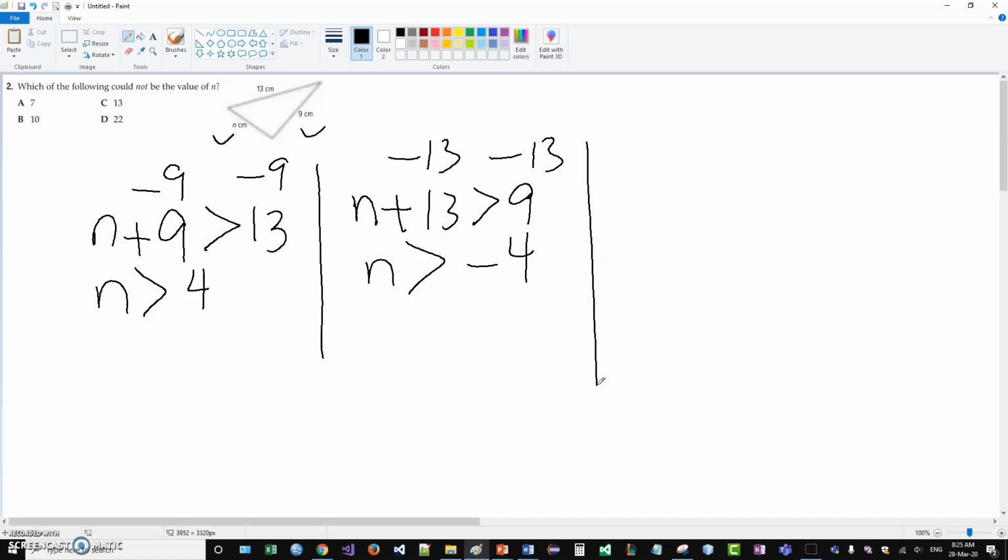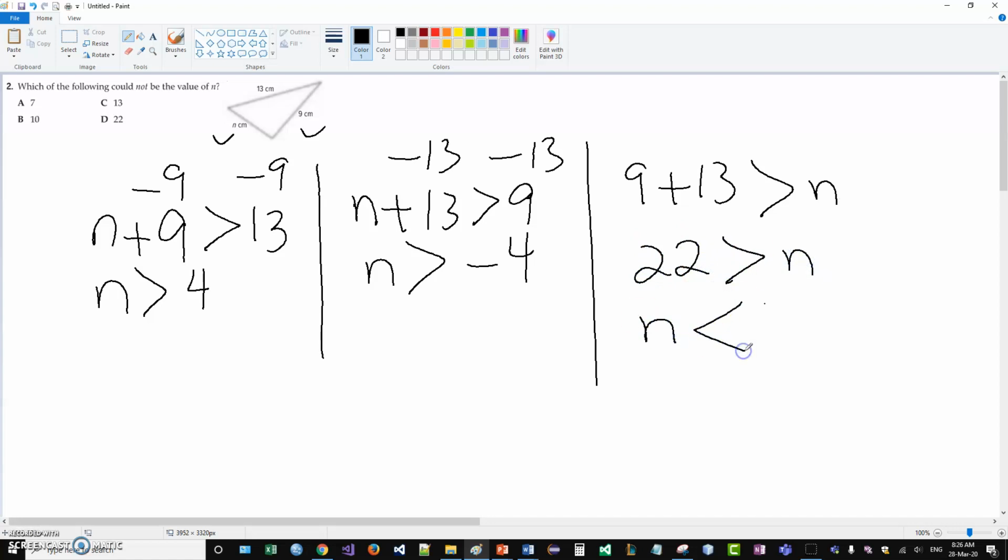Alright, now the last one: 9 plus 13 should be greater than n, which means 22 is greater than n, or n is less than 22. Now, on a number line, we're going to plot all these numbers.